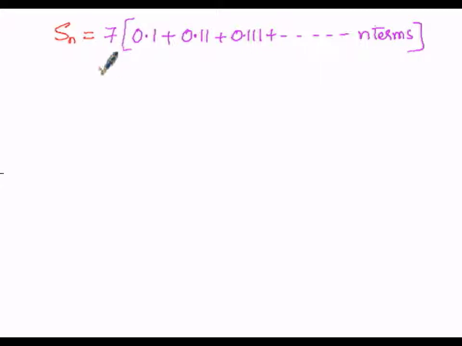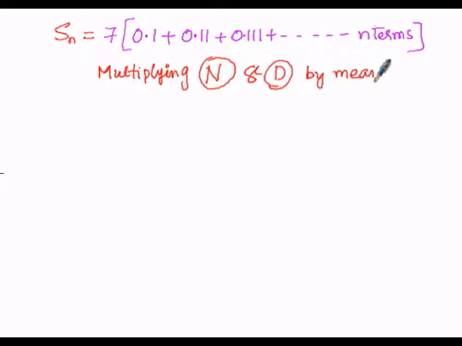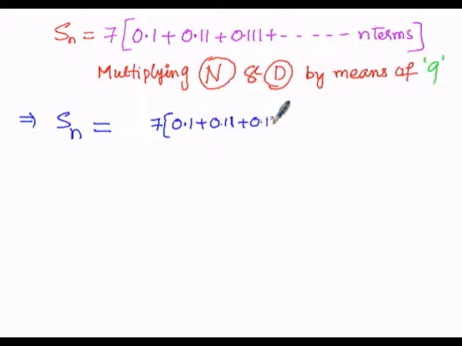So here S of n, the sum of n terms, is given by 7 into 0.1 plus 0.11 plus 0.111, dash dash up to n terms.